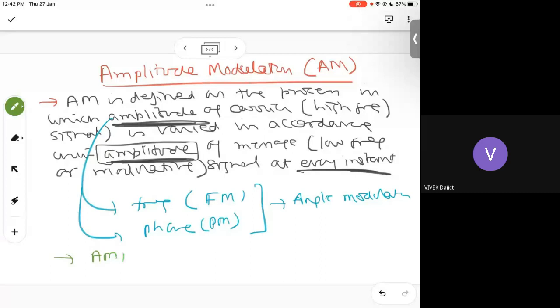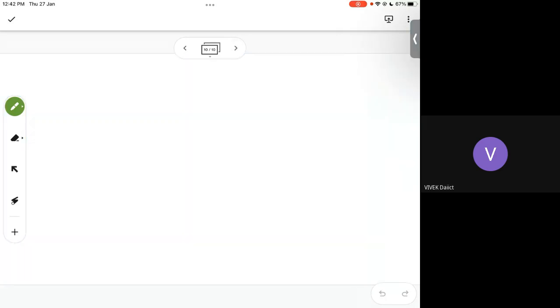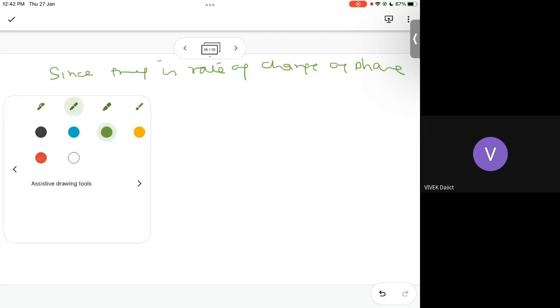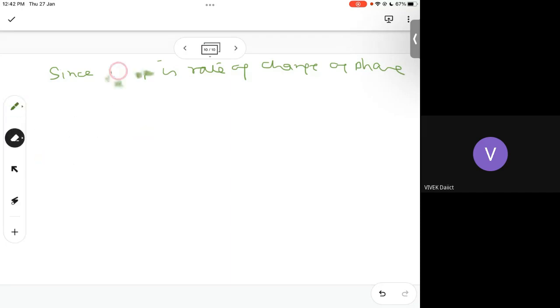So amplitude modulation is also called linear modulation, like angular. This becomes linear and angular. Again, as I told you last time, since frequency is the rate of change of phase, as we'll see later on, it is basically how it is changing with respect to the phase.